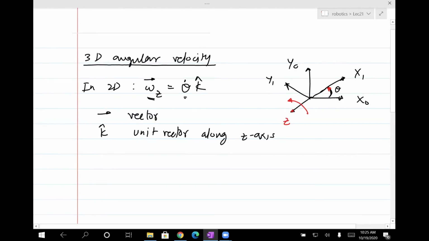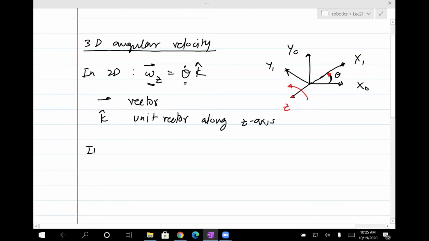Okay, so that's nice. Now, if you want to find the velocity of a point, that's omega crossed with r. What does that mean?